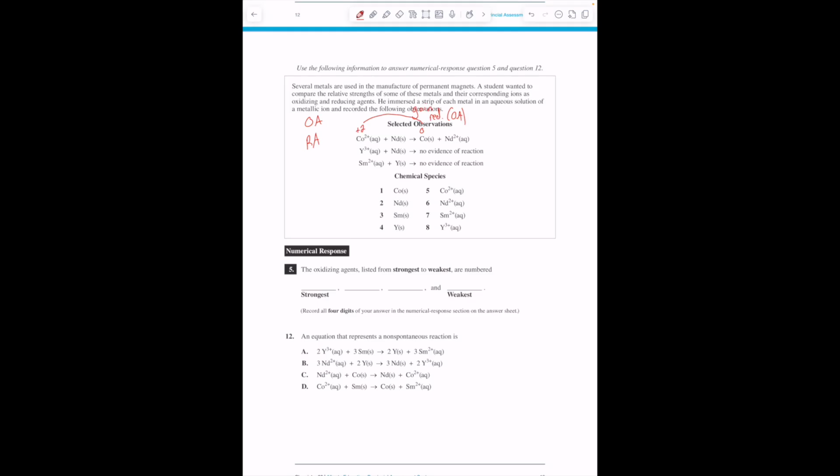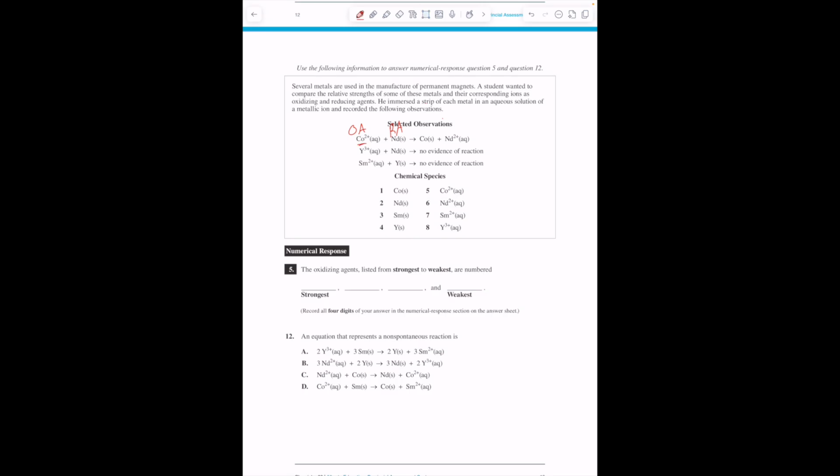So that confirms these are my oxidizing agents. Okay, so I'll just get rid of all that. It's usually not that easy, but if I know that these are my OAs and these are my RAs, this is pretty straightforward.